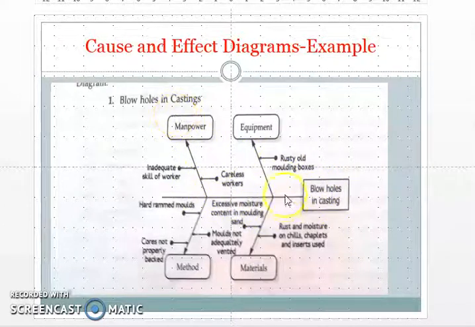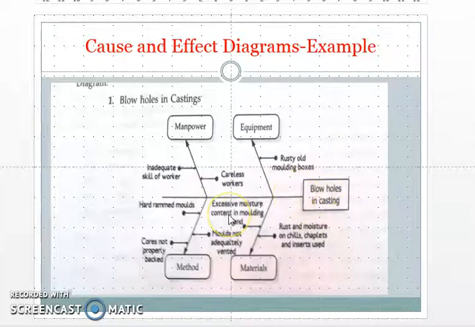Suppose the main cause is manpower, but what is the sub cause? It may be inadequate skill, or the worker is not much skilled, then blowholes are possible. The second cause is carelessness of workers, due to which blowholes are possible.